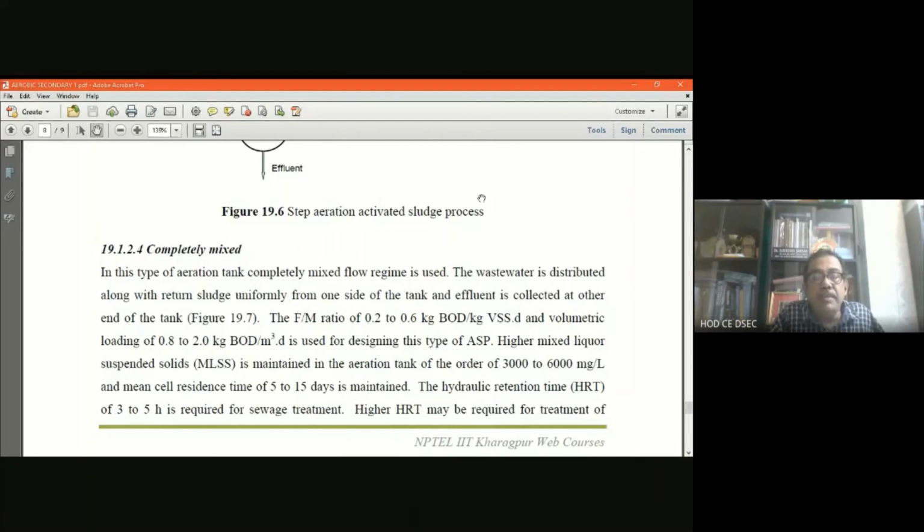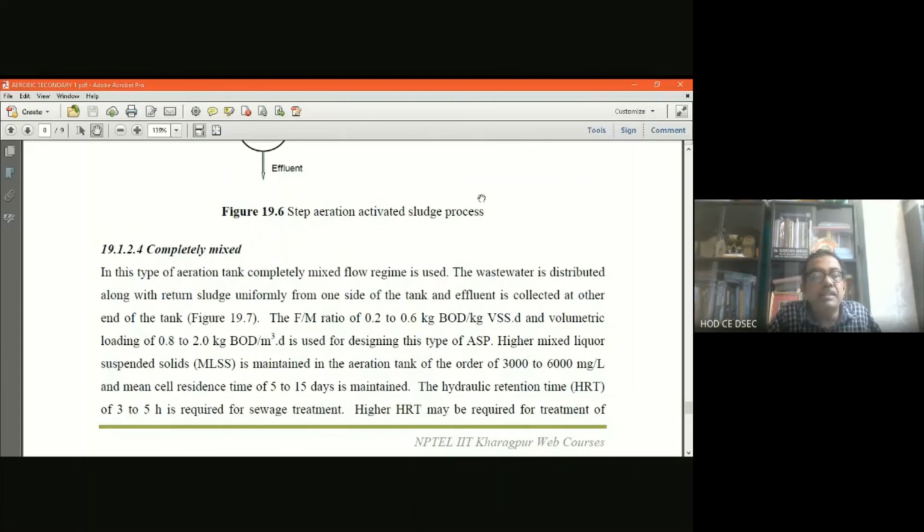In this completely mixed reactor, the organic loading rate, like F/M ratio, is maintained 0.2 to 0.6 kg BOD per kg VSS. Volumetric loading rate is maintained 0.8 to 2 kg BOD per meter cube reactor.